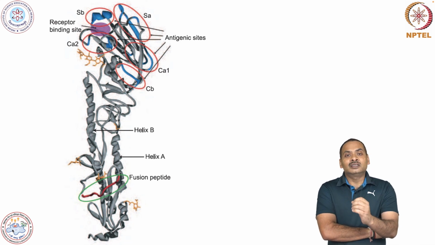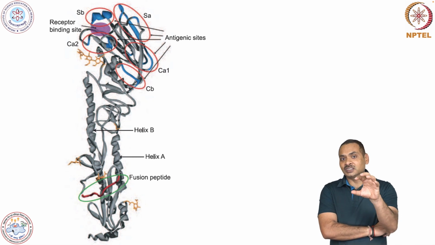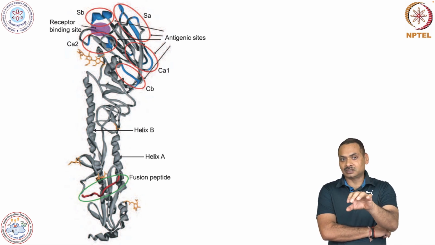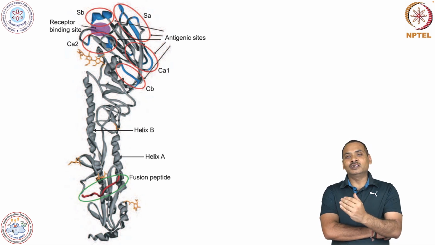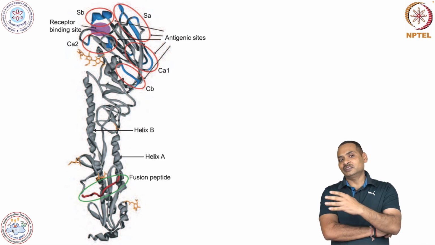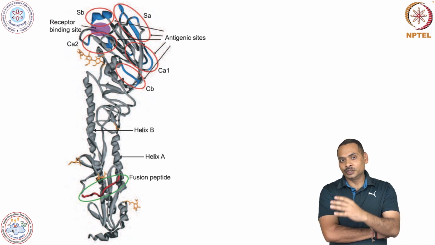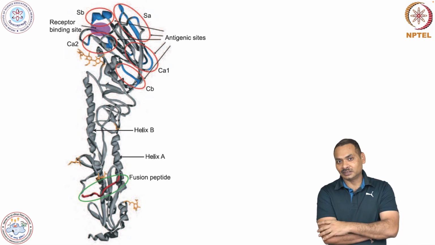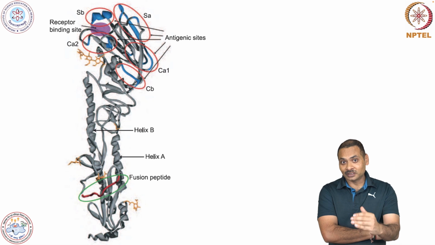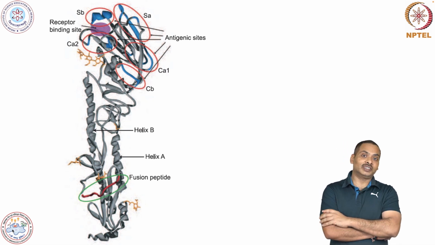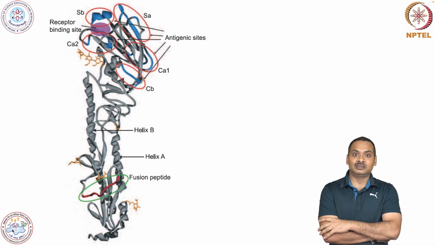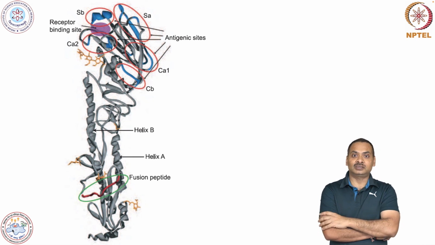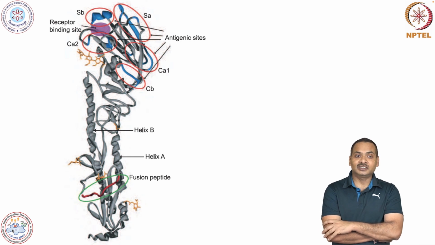It means that if these surfaces are masked by an antibody, they will not interact with the molecule on target cells, and therefore there will be no fruitful infection. The infection will be inhibited if these surfaces are masked. That is why we call these surfaces antigenic sites.